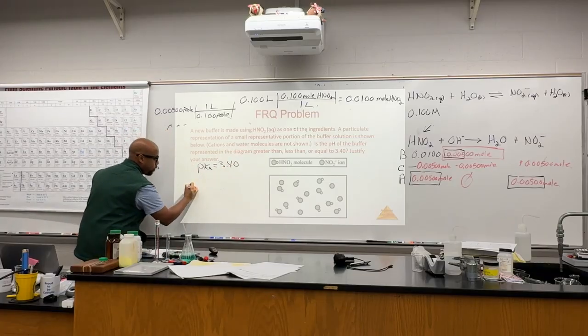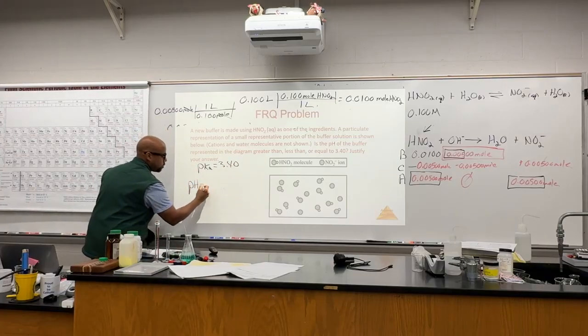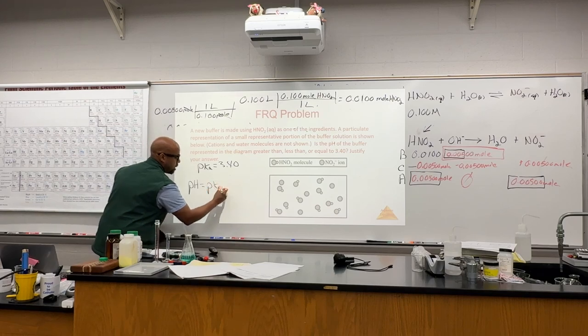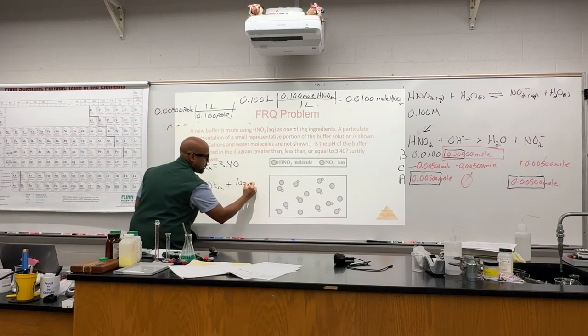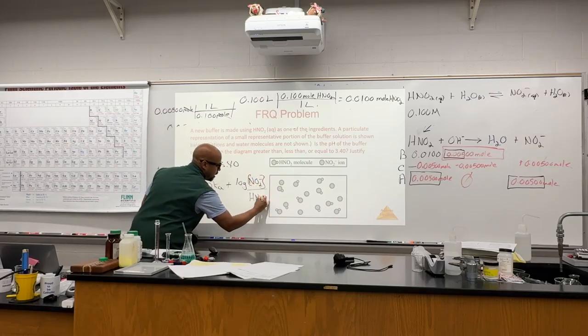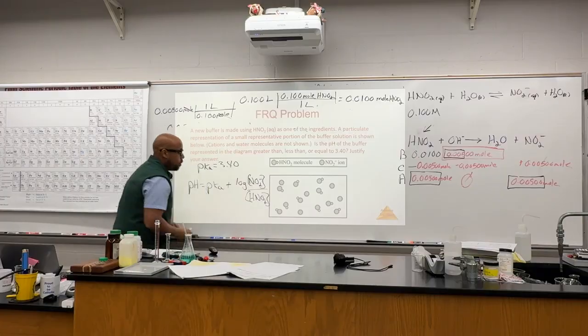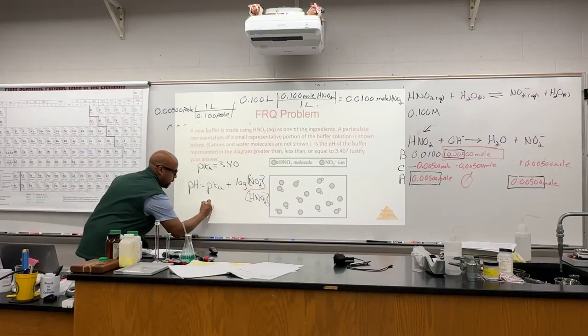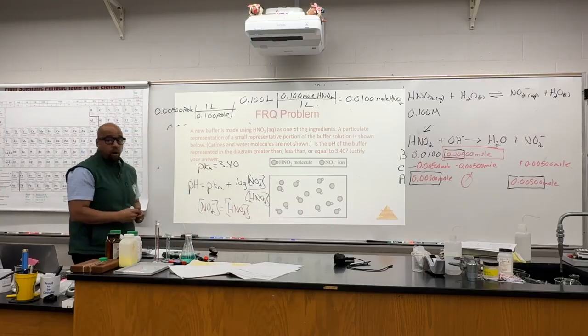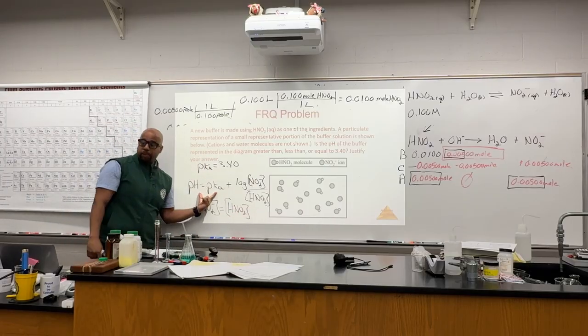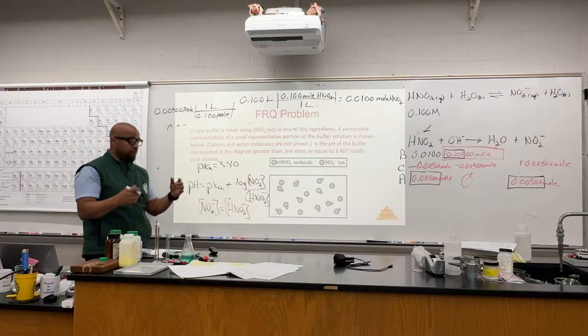And remember, we said in order for that to take place, the pH, which is equal to the pKa plus the log, in this case, of NO2 minus over the concentration of HNO2 here. We said that if these two things were equal to each other, and only if they're equal to each other, can this be true? So they're asking, is it going to be greater or is it going to be less in this case?